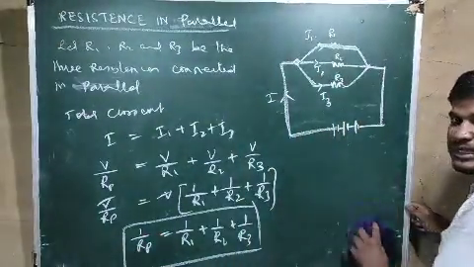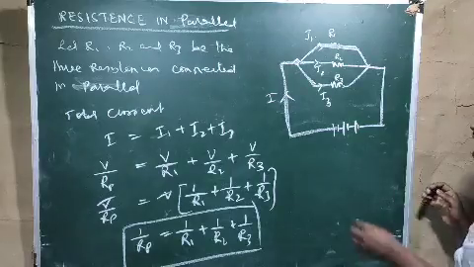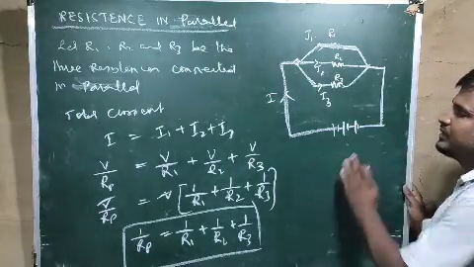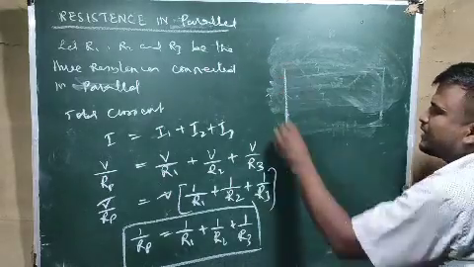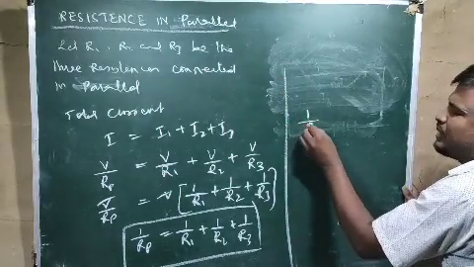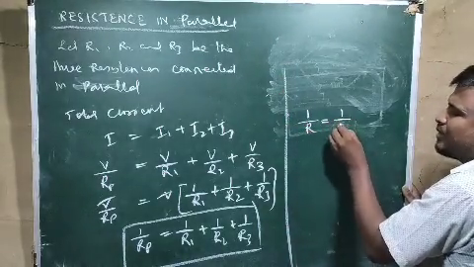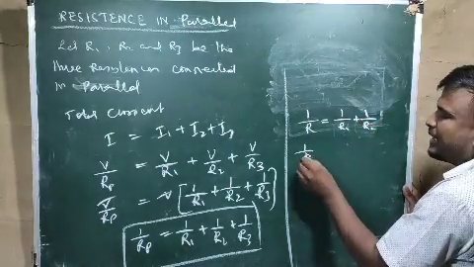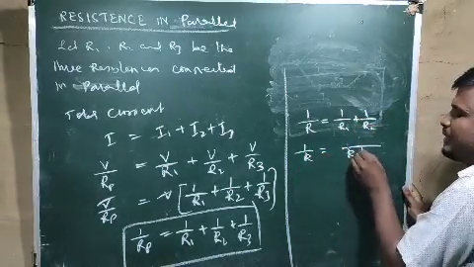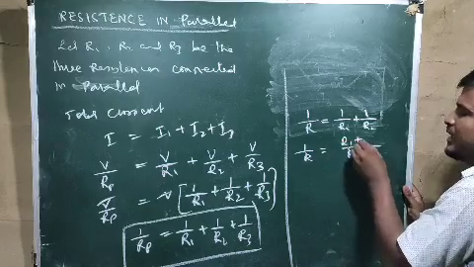Now one very important thing I am going to tell you. If two resistors are connected in parallel, what is the total resistance? 1 by R equals 1 by R1 plus 1 by R2. If you take LCM, it will be R1 R2 in the denominator and R1 plus R2 in the numerator.